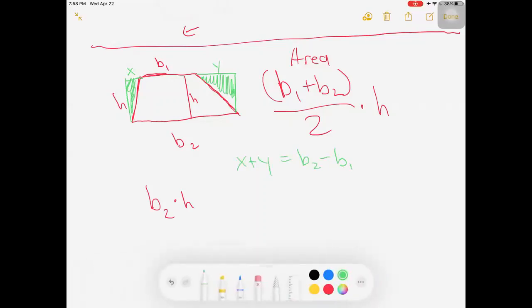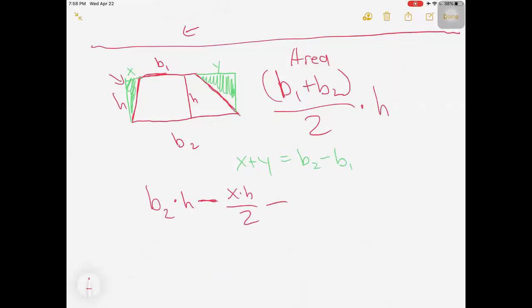If we subtract off both of the areas, the area of this green triangle is x times h divided by 2, and this triangle will have an area of y times h over 2.